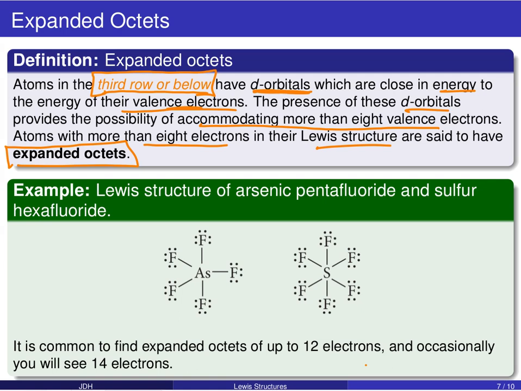Some examples here are arsenic pentafluoride, where we have a central arsenic atom with a total of 10 valence electrons around it, and sulfur hexafluoride, where we actually have 12 valence electrons around it. 10 and 12 valence electrons are very common for these expanded octet situations, and you can actually sometimes see examples where you have up to 14 valence electrons.